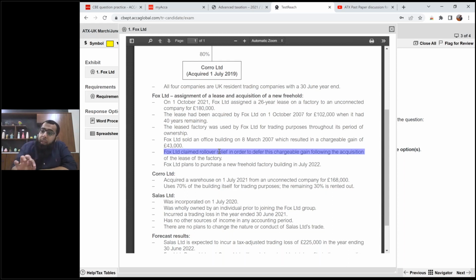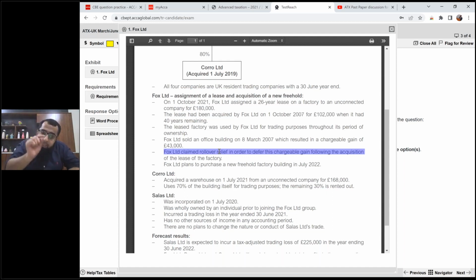What you need to understand is that the examiner always uses the word rollover. The examiner does not use the word holdover in the question. By the word rollover, he means to say deferral. Now it is your job to identify that here rollover relief wouldn't be used, and rather the examiner must have applied holdover in reality.